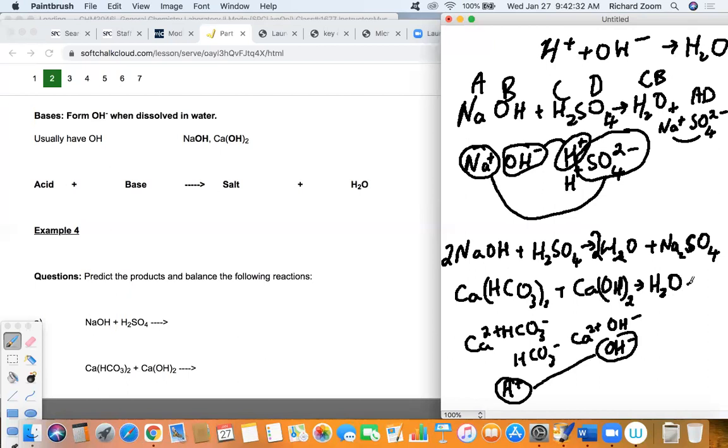Now the rest of it is going to then be the Ca2 plus, and whatever you get once you've taken the H plus away, which would be CO3 2 minus. And again, we know the charge on the CO3 from the polyatomic ion sheet.